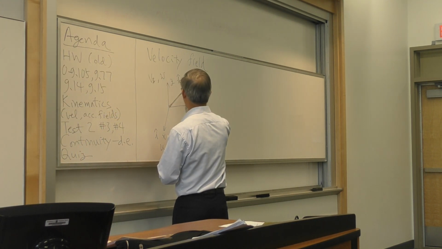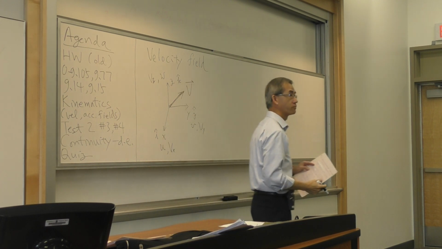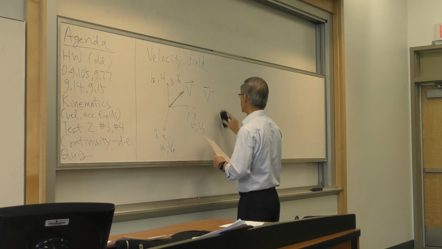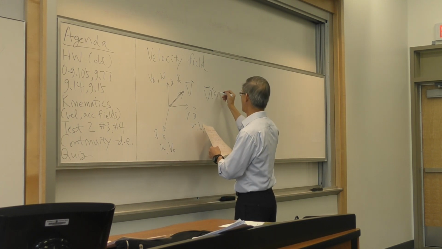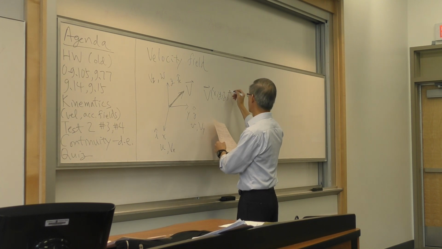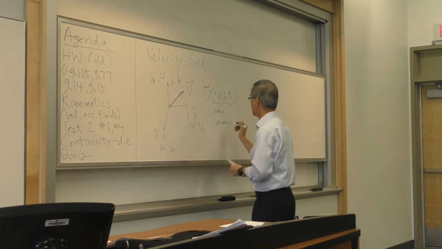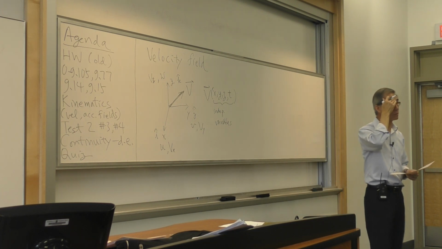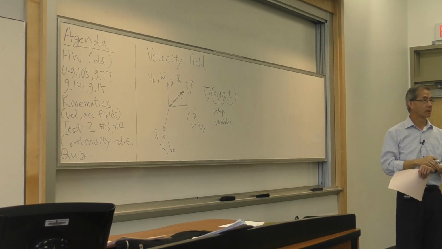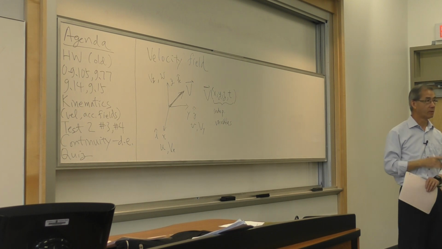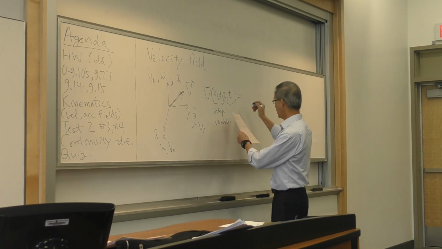So what I have to do is, at a fixed point in space, describe to you this velocity vector V, which is a function of four independent variables. I hope you know what we meant by independent variables. We beat that to death in dimensional analysis, right? Meaning that the velocity field is uniquely and unambiguously determined if you tell me the x coordinate, the y coordinate, the z coordinate, and time, all right? And hence those are called independent variables.